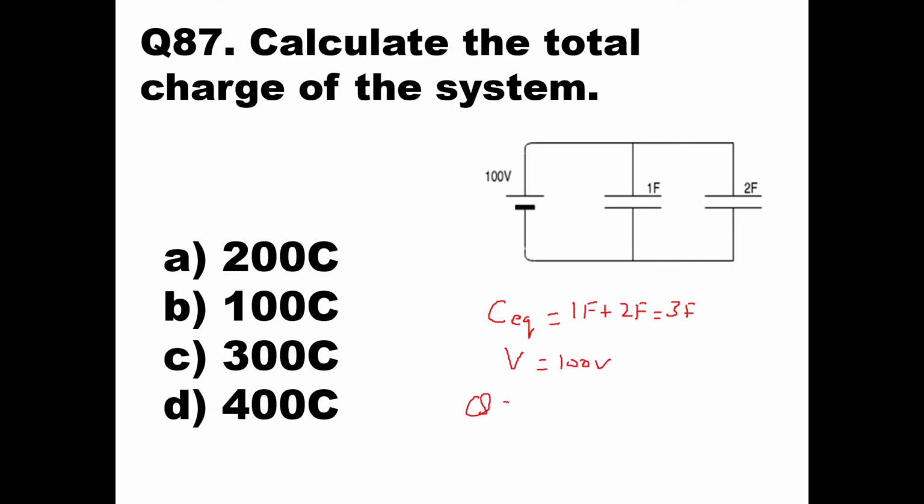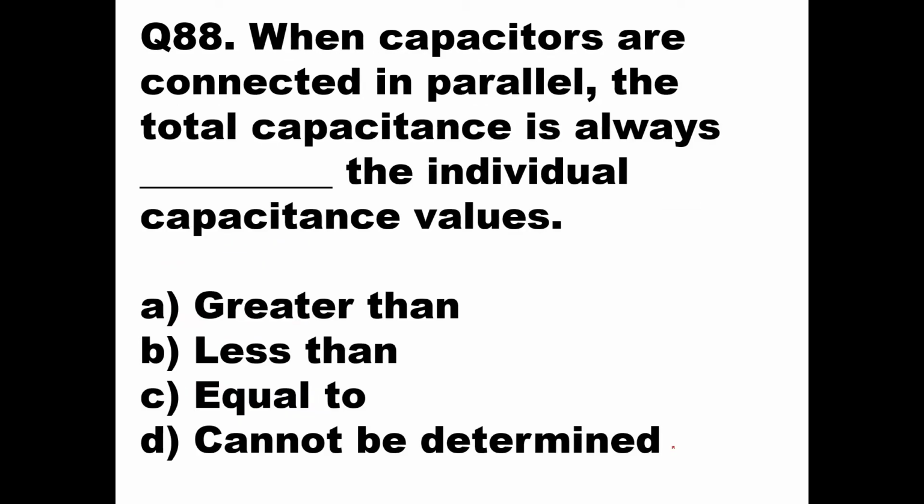Therefore, charge is equal to C into V, which is equal to 3 into 100, which is equal to 300 coulombs. So here the answer will be 300 coulombs. So the answer is option C, 300 coulombs. Then we'll go to the next question.